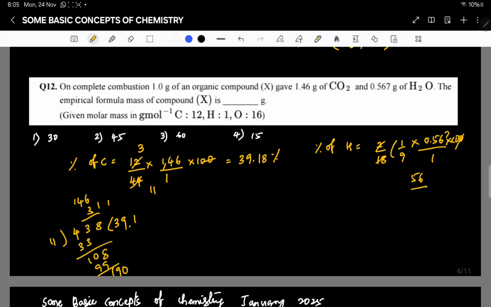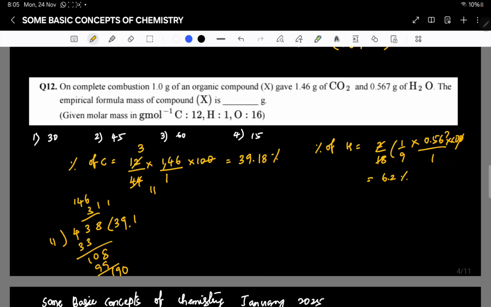So 56 by 9, student. So 9 7 63, 9 6 54. So here I am taking hydrogen percentage will be 6.2. So that will be 6.2 percentage student.